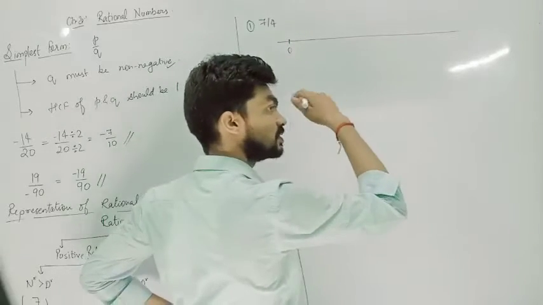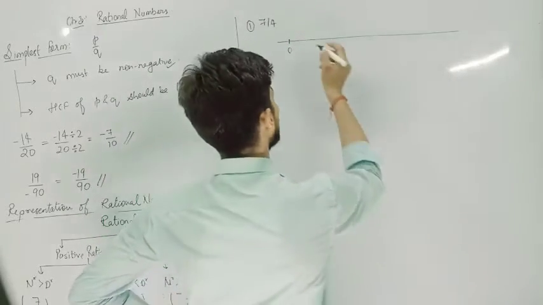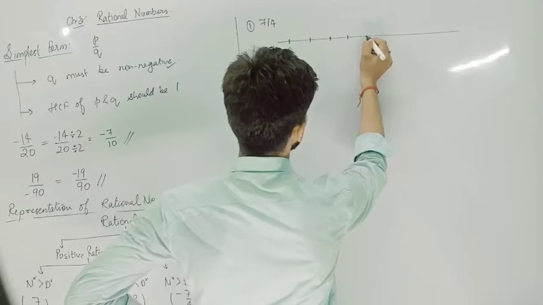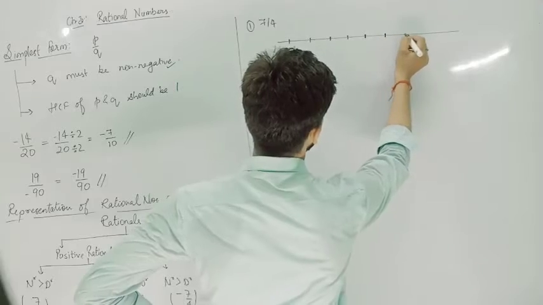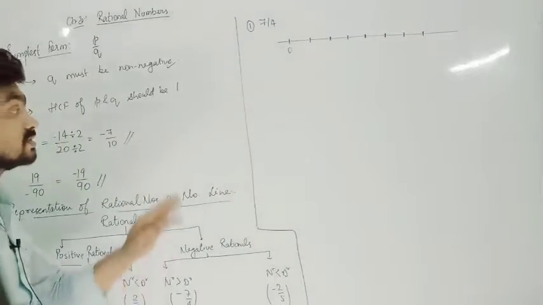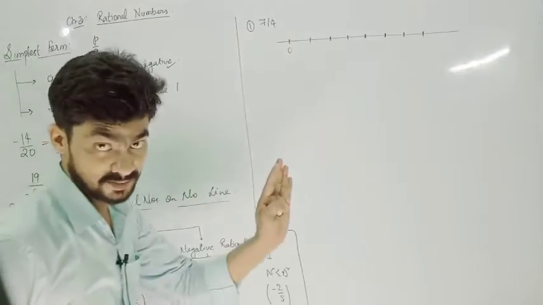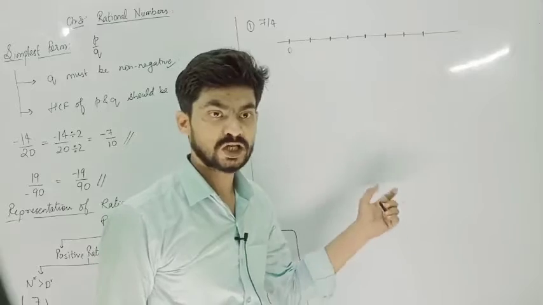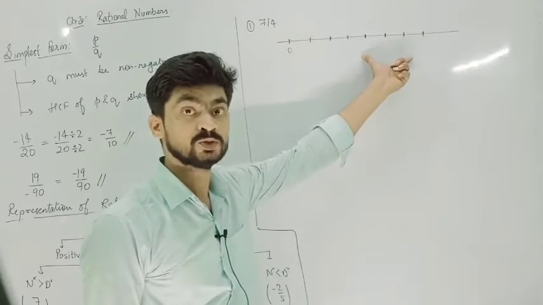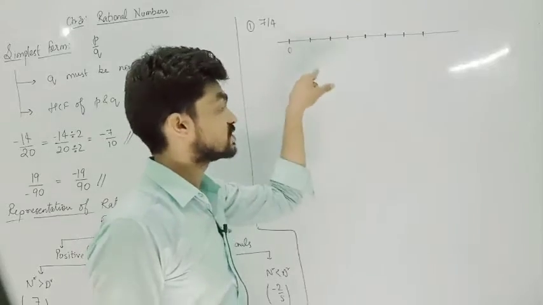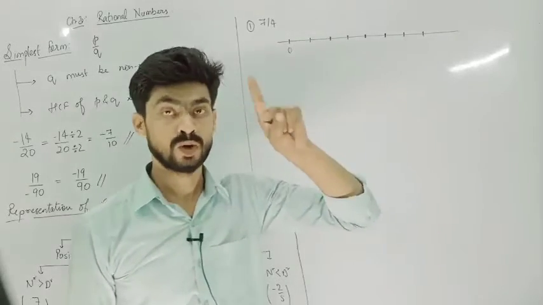All positive numbers will be represented towards the right of 0. 1, 2, 3, 4, 5, 6 and 7. These marks are not made simply. These are made with the help of a ruler. Since I cannot use it here, you will not be able to see. So you can use your own scale, and for each centimeter you mark 1.